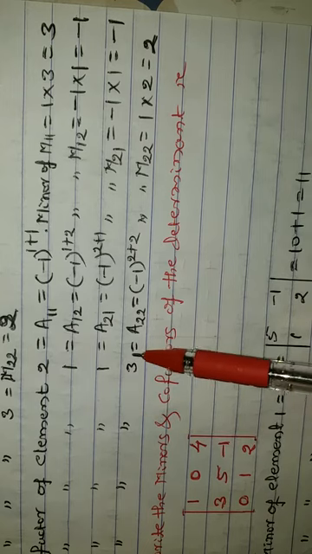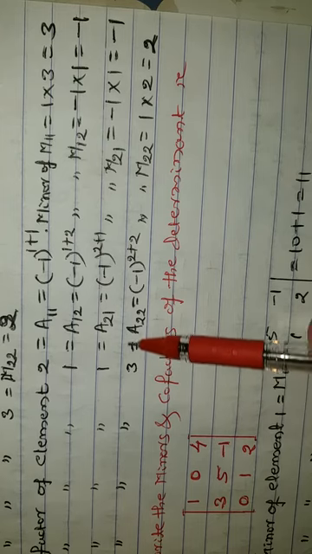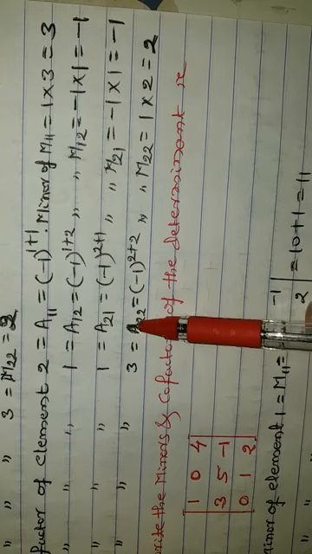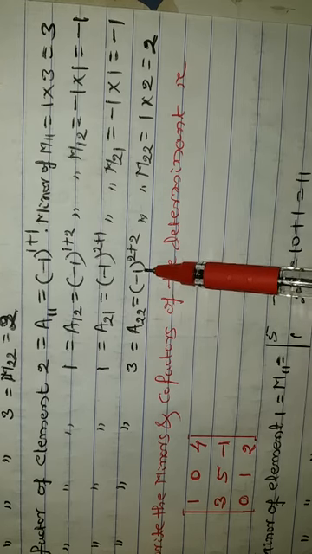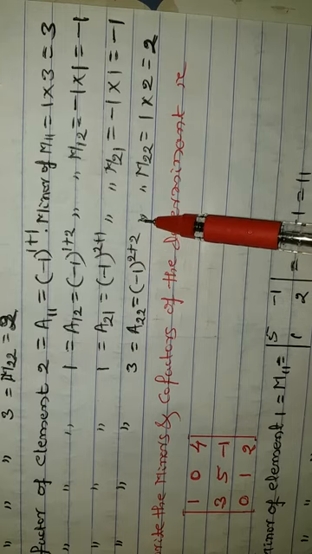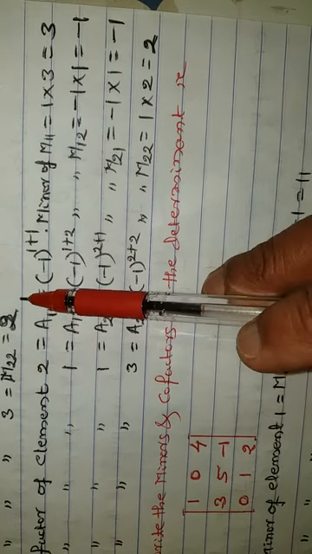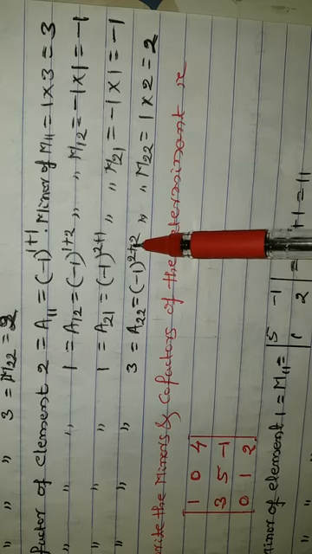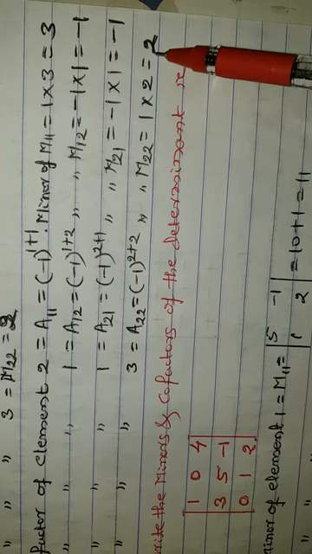The cofactor of the element 3, the last or fourth element, in the A22 position, is denoted by capital A22. That equals minus 1 to the power of second row plus second column, into the minor M22. The minor M22 is already found to be 2. Hence, minus 1 to the power 4 equals 1, into M22, which means 2.